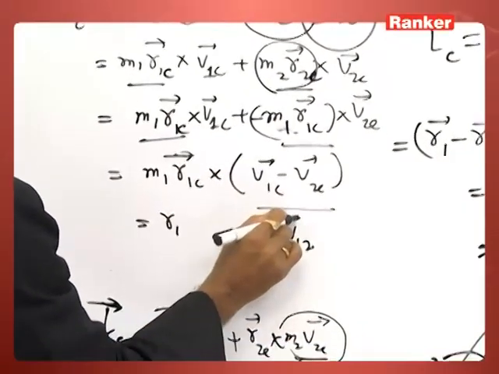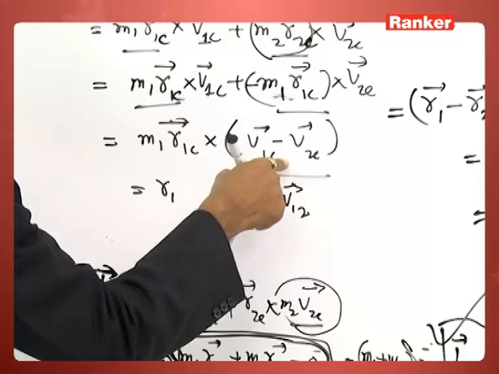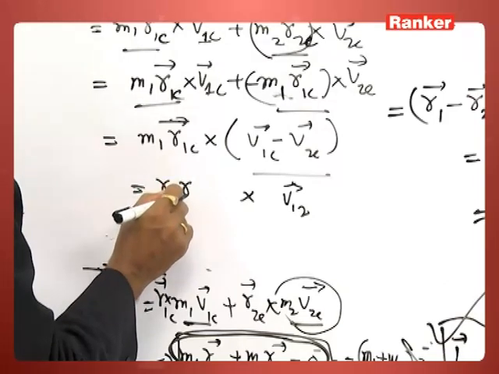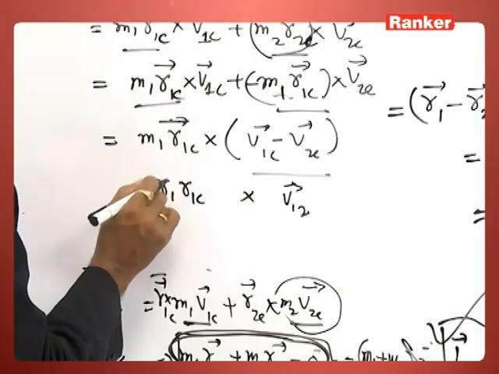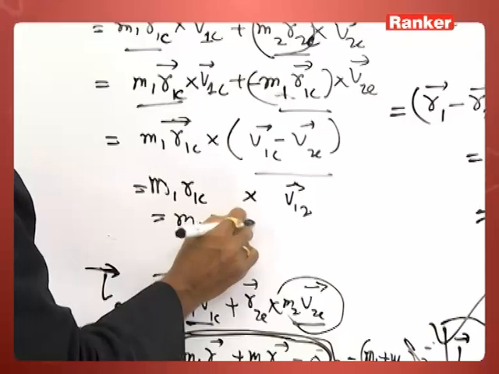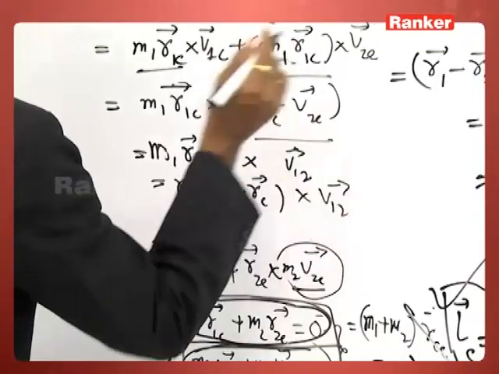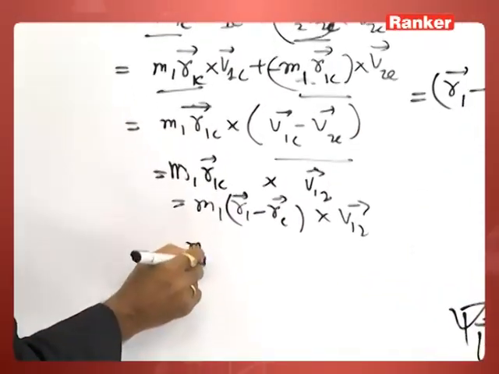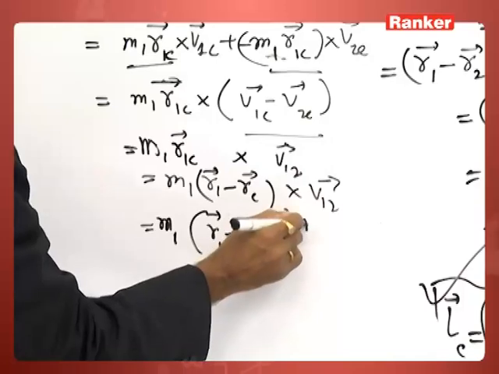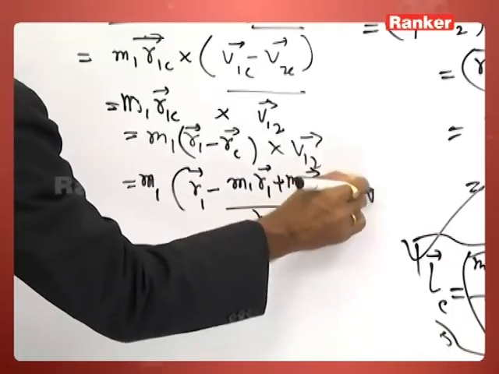And this is equal to v12. Velocity of 1 with respect to 2 is equal to velocity of 1 with respect to any reference point, that is center of mass, minus velocity of 2 with respect to that reference point. m1 r1c can be written as r1 minus rc cross v12. r1 minus rc can be written as m1 r1 plus m2 r2 by m1 plus m2 cross v12.